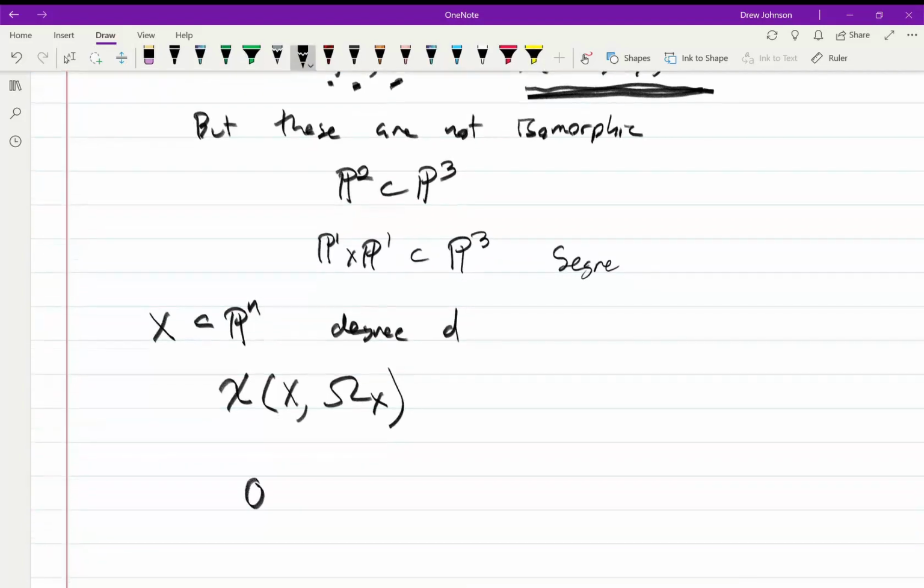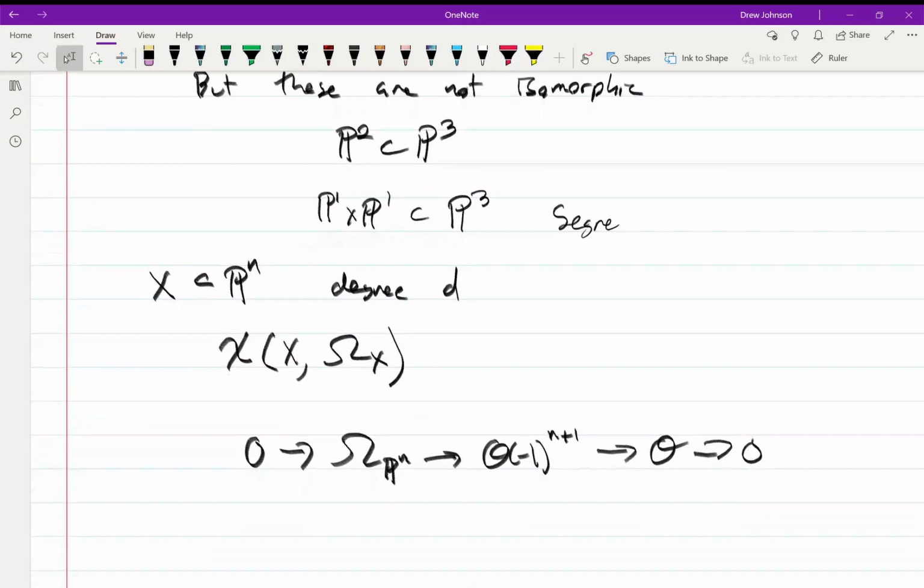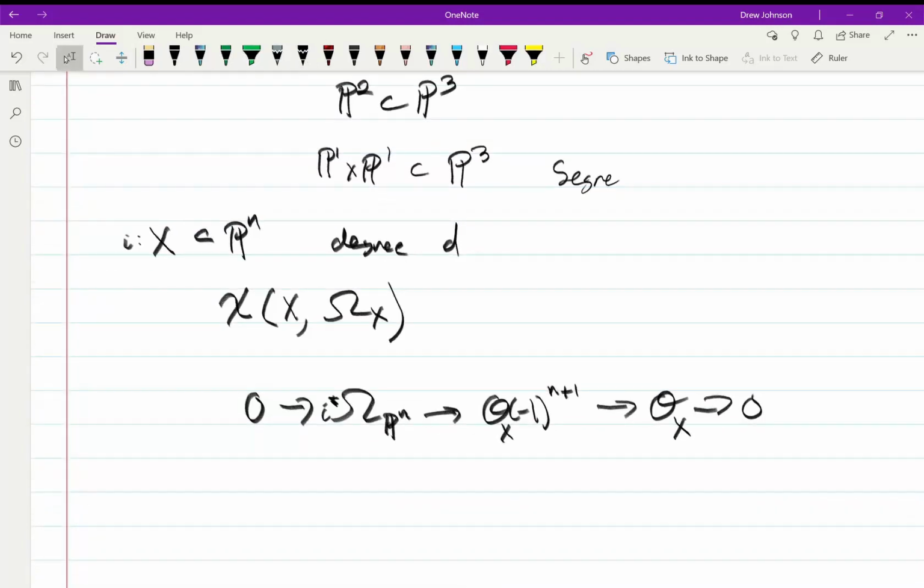Well, first let's look at the Euler sequence. We have Ω_{P^n} mapping to O(-1)^{n+1} mapping to O. This is a sequence on P^n, but it's a sequence of locally free sheaves, so we can restrict it to X. If i is the inclusion, we take i pullback, which is the same as changing the subscript from P^n to X. So that will give us the restriction.